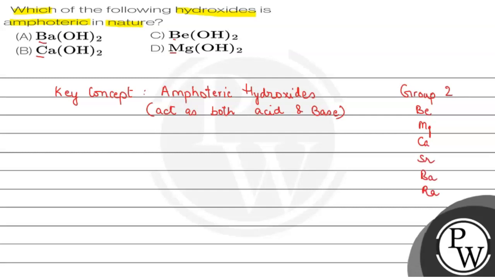So these are present in this order in periodic table. तो अगर हम बेसिसिटी की बात करें फॉर ग्रुप 2, in group 2 the basicity increases down the group. So as we move down the group, basicity of the elements or hydroxides of group 2 increases.